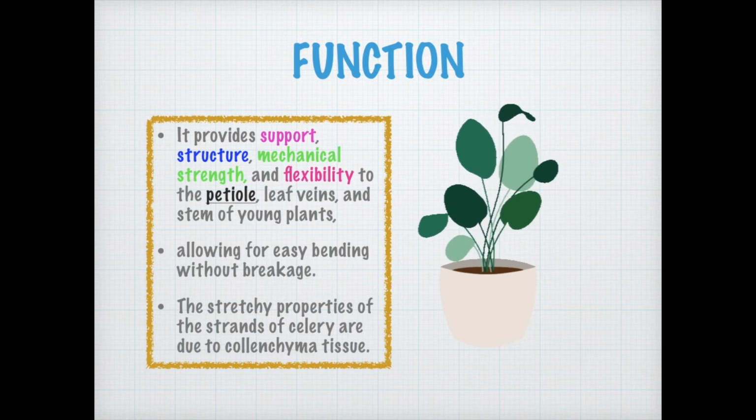Since we have talked so much about location and where they are found, and we have seen so many images, by now you should be able to guess that since it is present in all these places, its main function is to give support to the plant. Plants keep swaying, and they need to stand erect under the sun to absorb the sunlight. They are not humans, with bones inside them to stay still and erect.